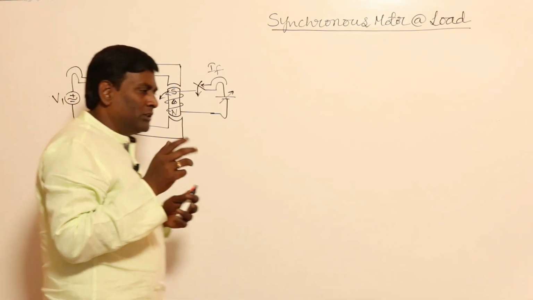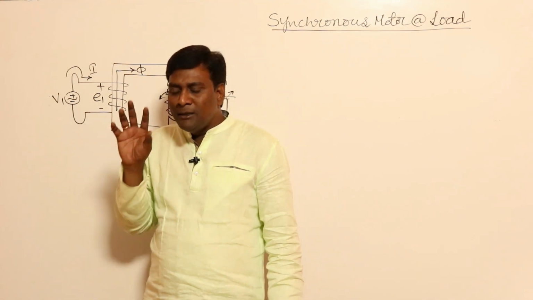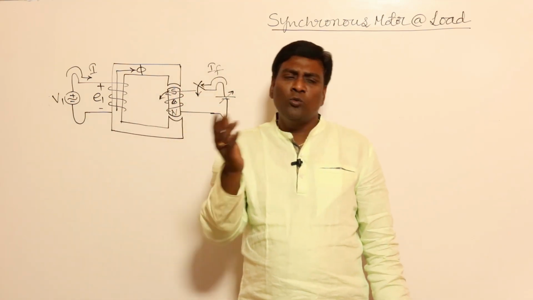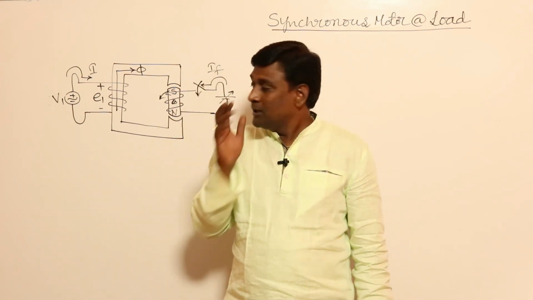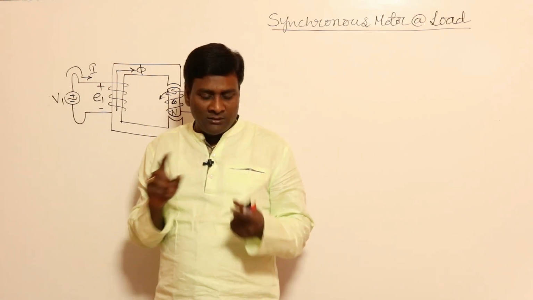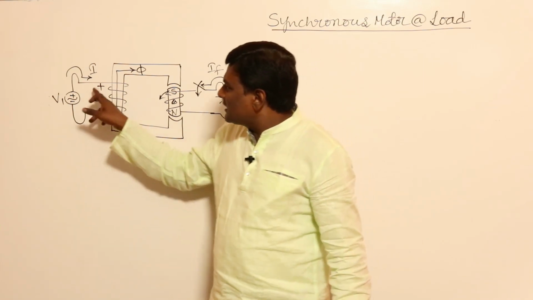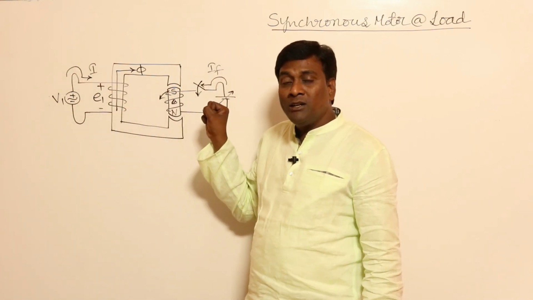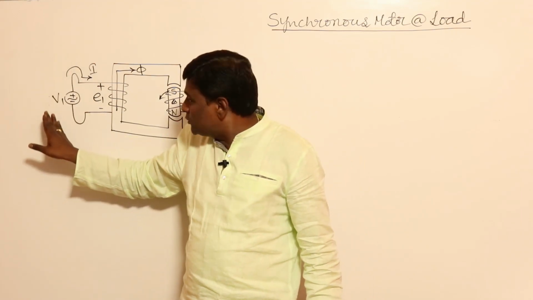Okay. Now one thing. See here, this is an infinite source. In power systems, they will consider voltage variations, frequency variations. From the machine's point of view, this is an infinite source. Infinite source in the sense that amplitude of voltage and frequency cannot be changed. Whatever the current you want to take, whatever the current you want to give, whatever the active power or reactive power you want to take.